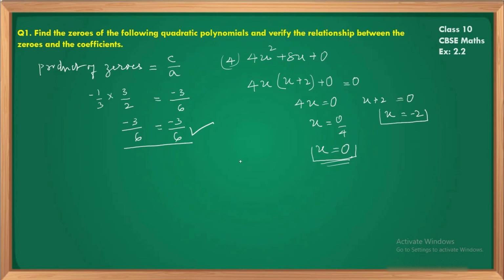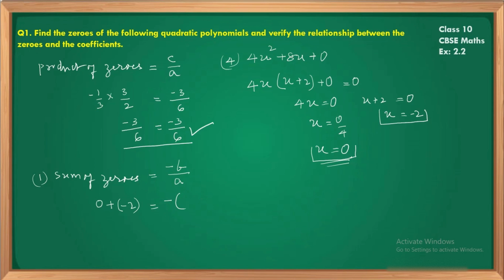Now we are going to verify them. How to verify? First is sum of zeros. Let us write this down here. The value of b and a can be had from this equation. Now we know there are two zeros of this equation. One is 0 itself, plus the other one is minus 2. Put the bracket, then write down minus 2. And on the RHS you have minus b.